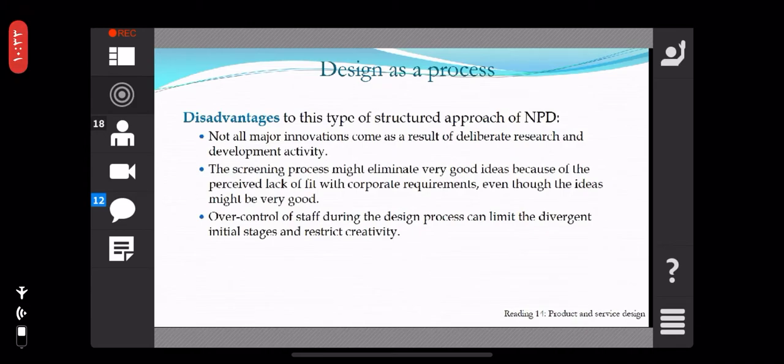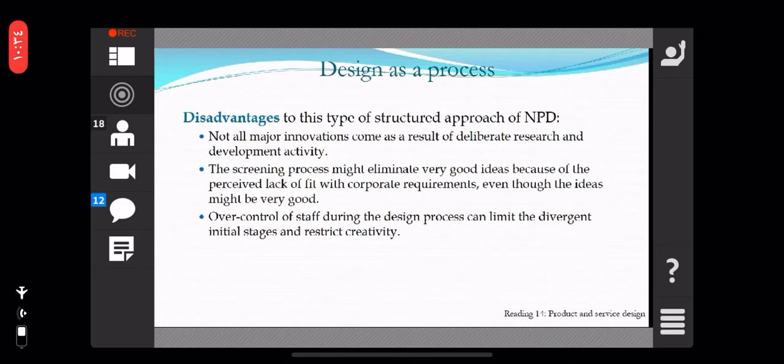The screening process might eliminate very good ideas because of the perceived lack of fit with corporate requirements. Screening is the second process. Sometimes you have a lot of good ideas, but you cannot practically implement them because you have to work within limitations.